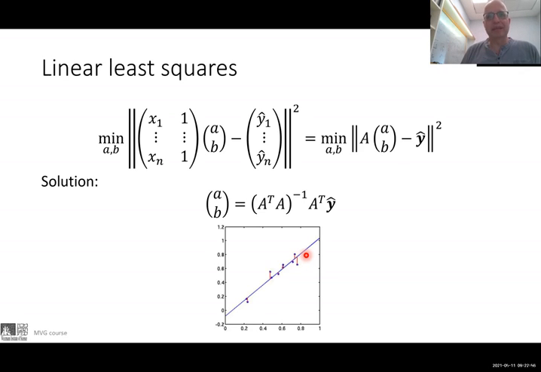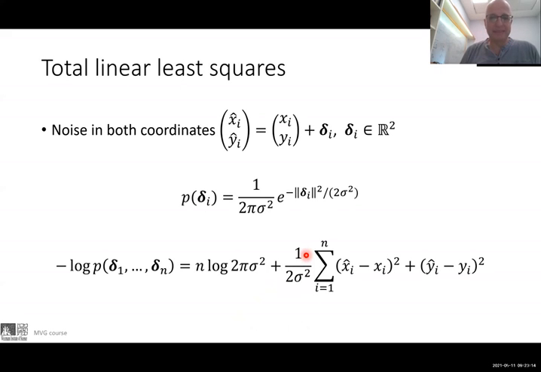Now, if, for example, we're getting an image and we want to pass a line through some points in an image, there is no one axis that is preferable in some sense. This leads us to a different noise model and the solution to a problem that is called total linear least squares. That's the second type of solution.